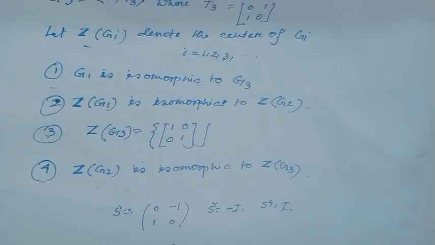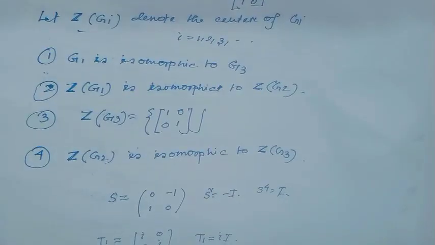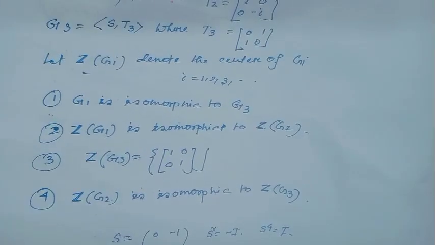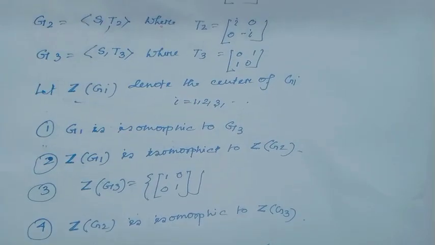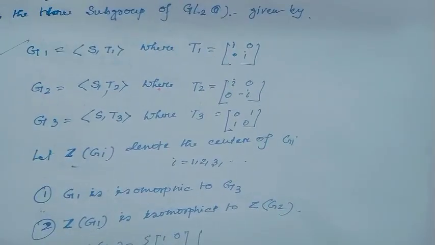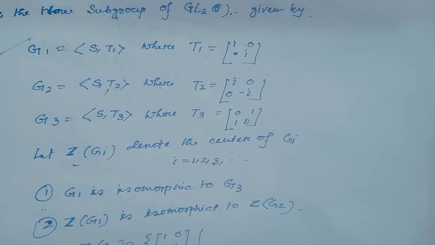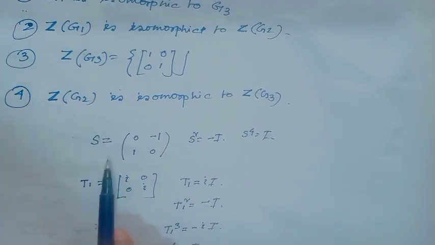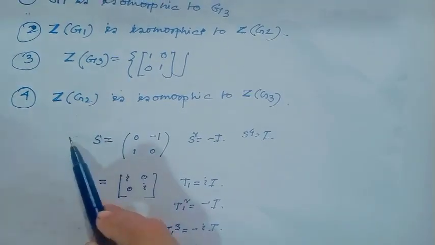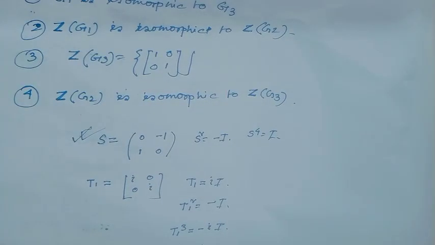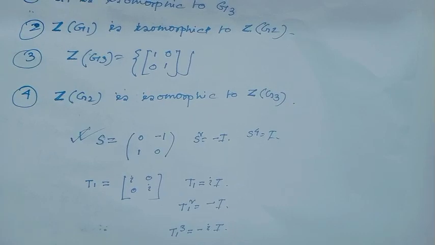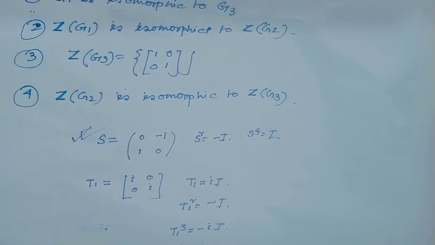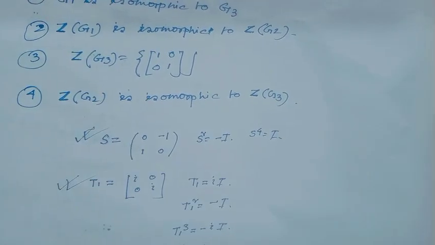Now notice the first option, G1 is isomorphic to G3. Here G1 means obviously the group generated by S, T1. Notice here S equals this given matrix, then S square equals minus identity and S to the power 4 equals identity, and T1 equals this matrix.